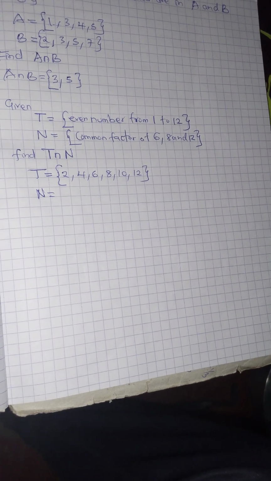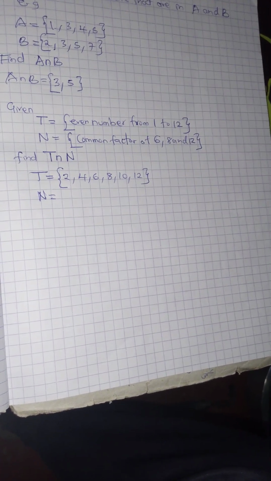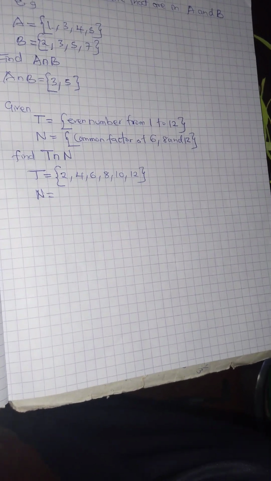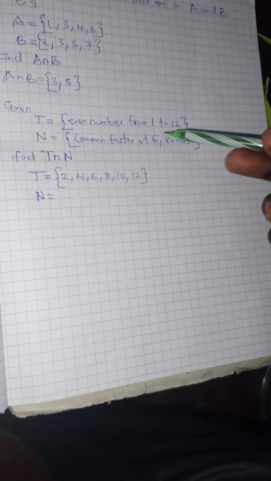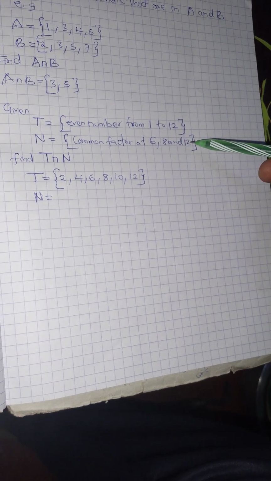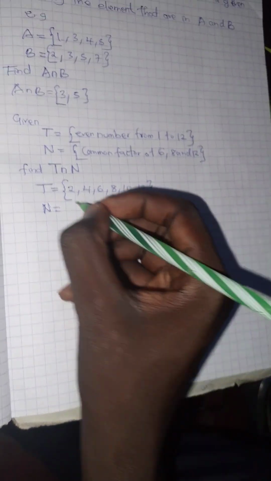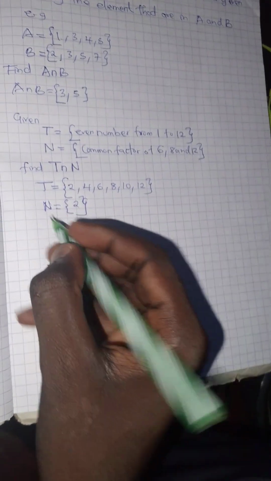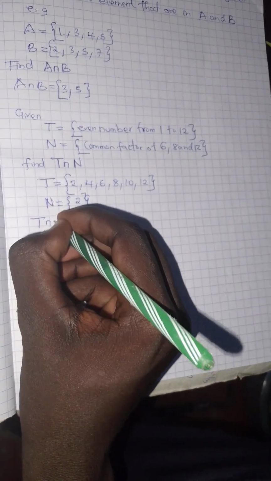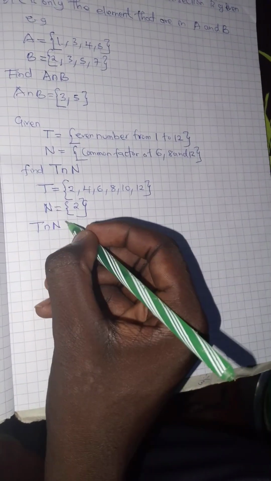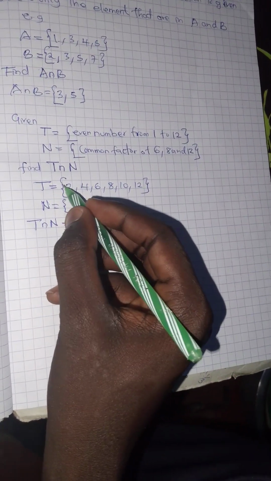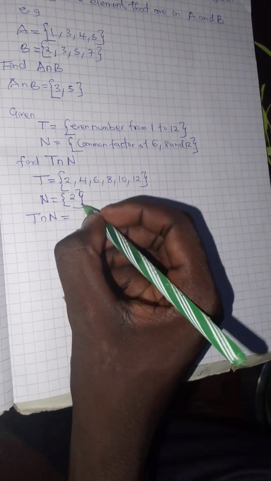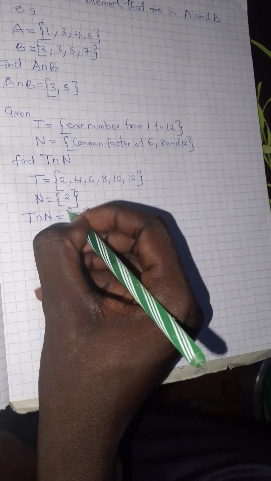A common factor is a number that can divide a number without a remainder. 2 can divide 6, it can divide 8 and it can divide 12. It's a common factor. T intersection N is the elements that are in T and also in N. According to me, I think it's only 2. So 2 is the answer there.